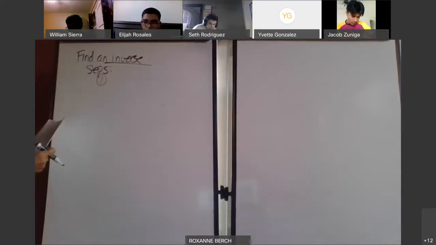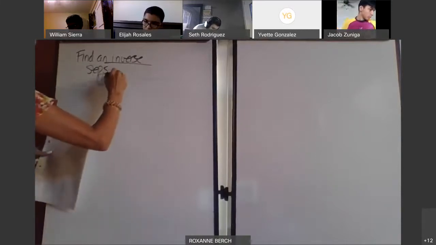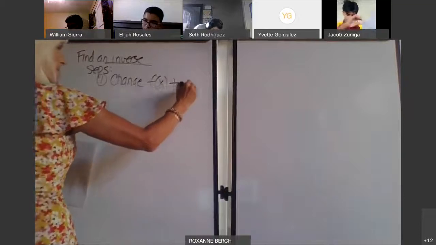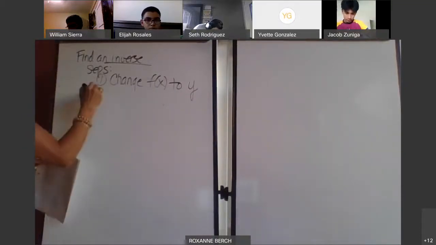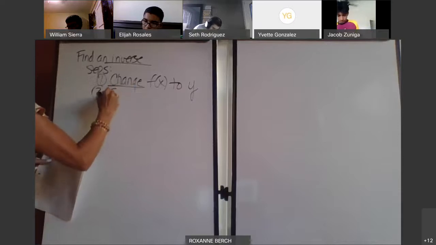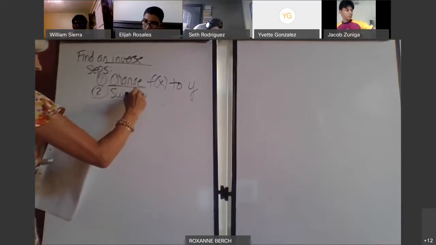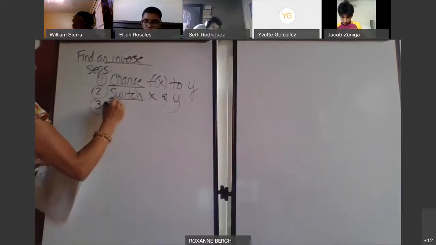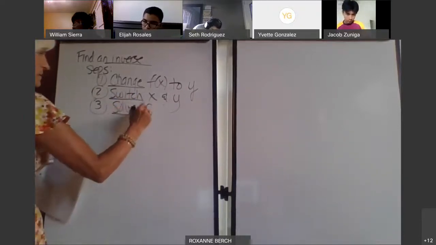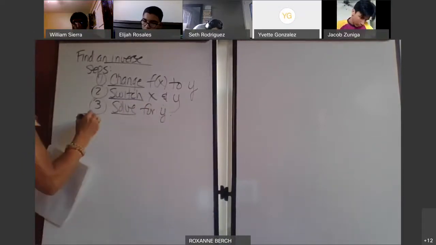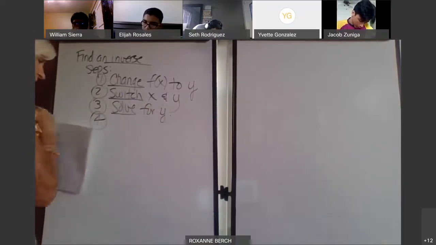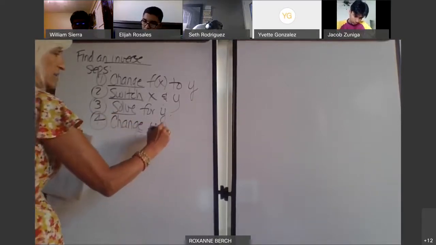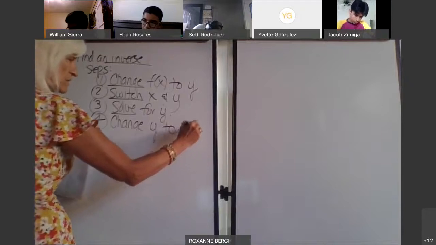The first thing you're going to do is change f of x to y. The second thing is switch x and y. The third thing is solve for y. And the fourth thing is change y to the inverse notation, which is f inverse of x.